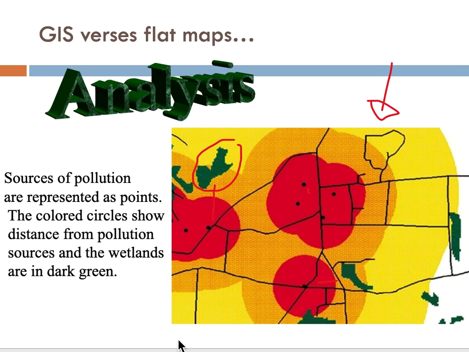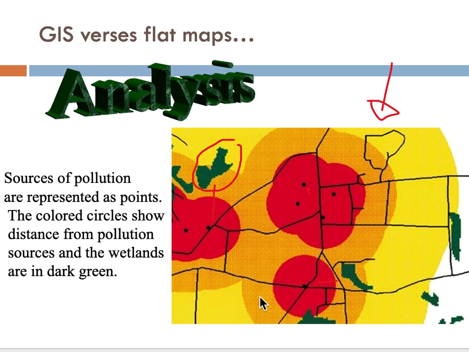So the questions that we want to ask ourselves are, what are the sources of pollution? How are they represented by points? And how far are these sources of pollution from the wetlands? The type of analysis we can do here is distance analysis to figure out how far or close these wetlands are to these pollution sources.